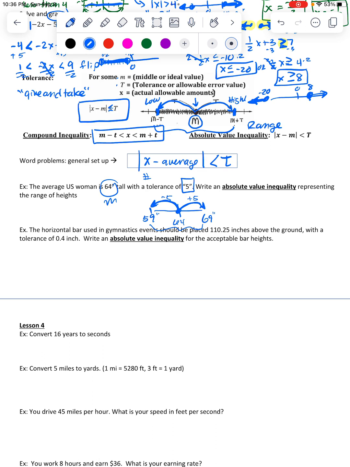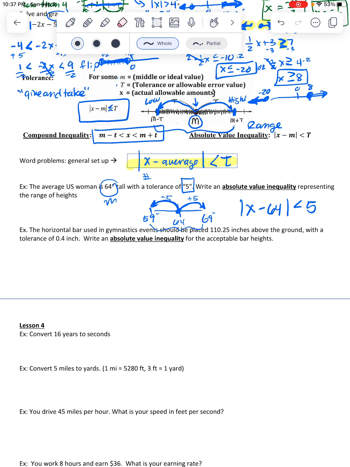So that's what we were talking about right up here. We want to write one of these. When you go to do that, you leave an x in there saying, whatever height that woman is, the difference between her height and the average, that tolerance, has to stay less than or equal to 5. They have it in here as not having the or equal to, since you can't go outside of that tolerance. I'm not going to be super picky about that.